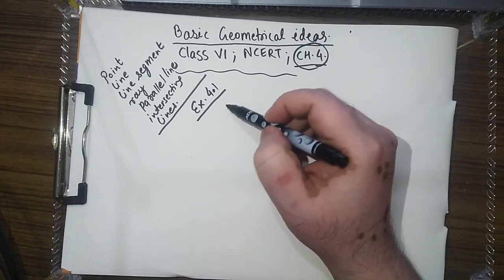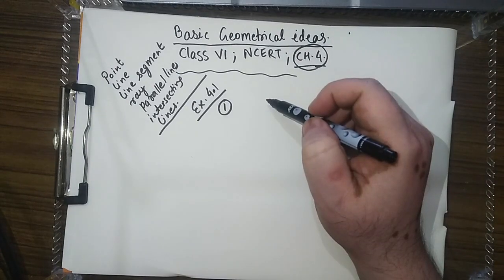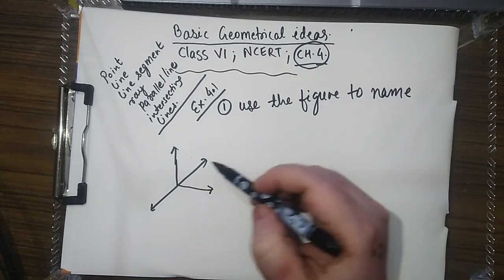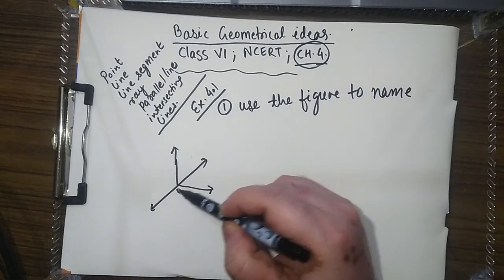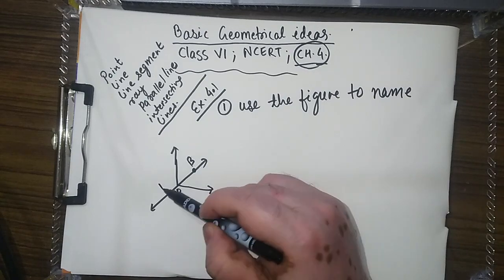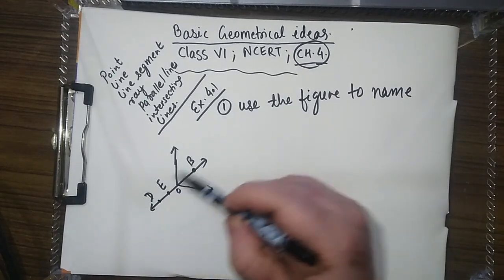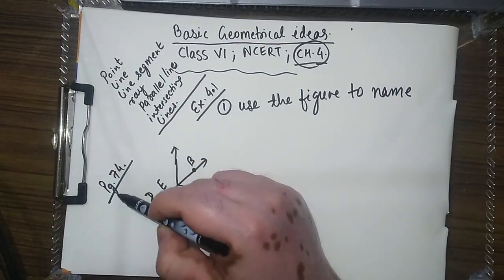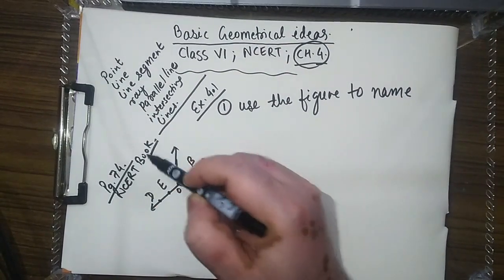So the first question is: use the figure to name. The figure is like this, with points O, B, E and D. This is page number 74 of the NCERT book of class 6.